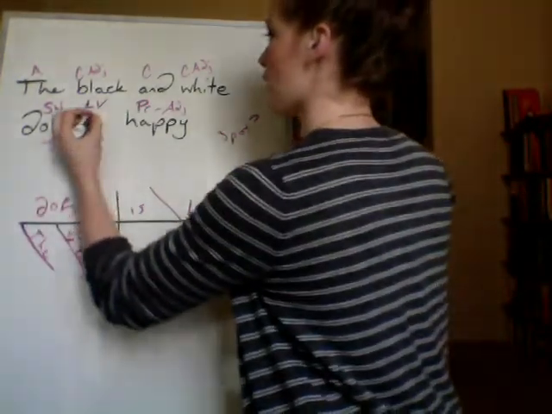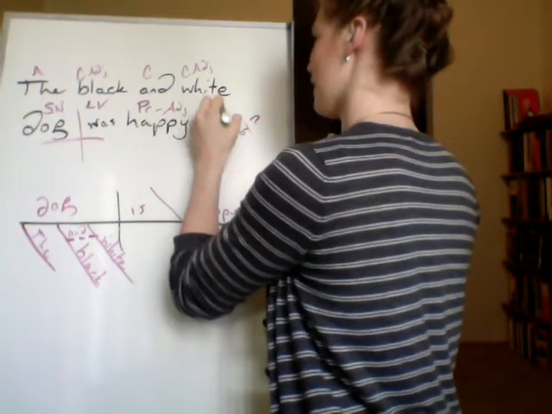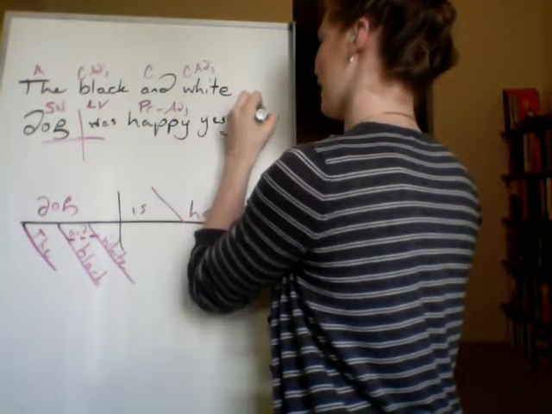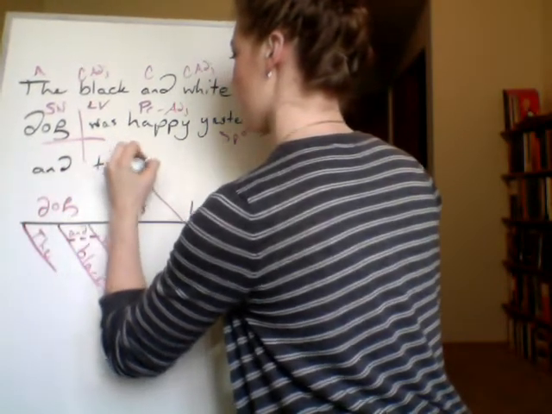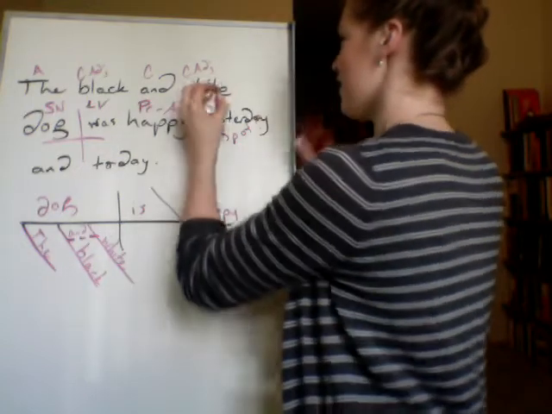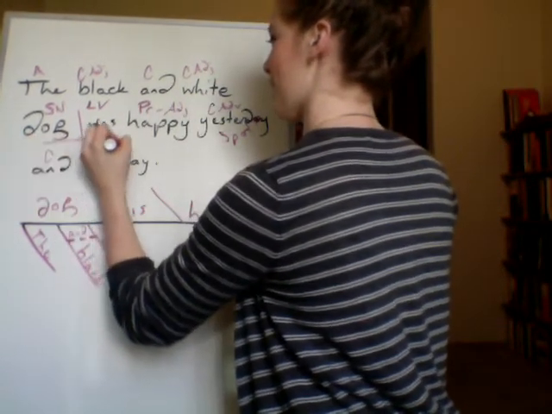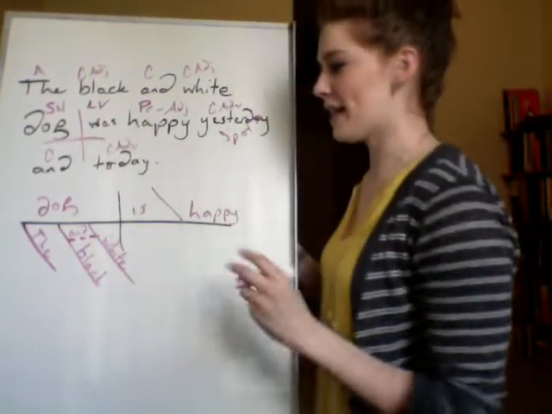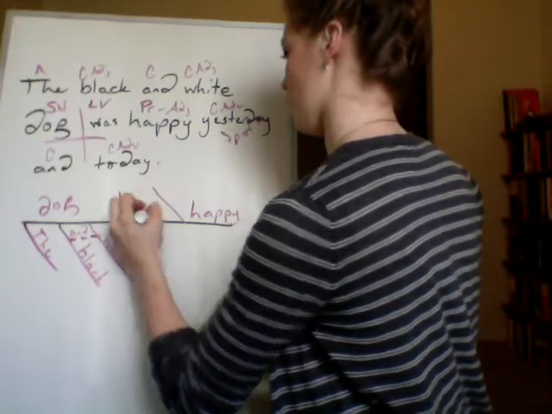The black and white dog was happy yesterday and today. Okay, so now we also have a compound of adverbs. So we have compound adverb, conjunction, compound adverb. Now the adverb is saying when. And in this case, it was actually on was.